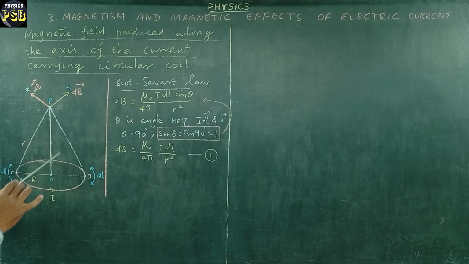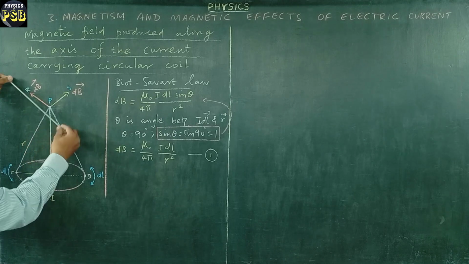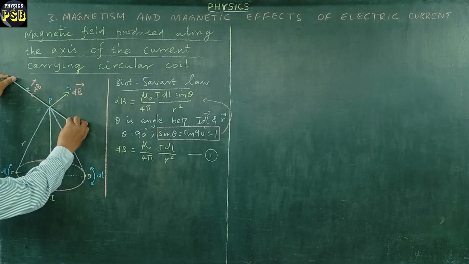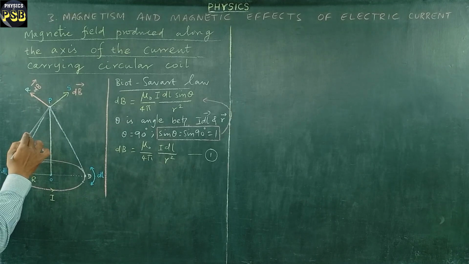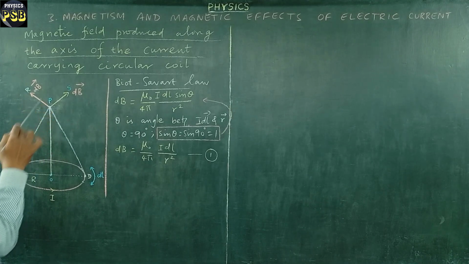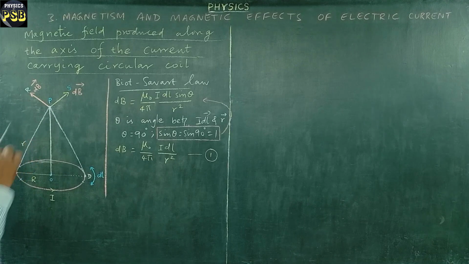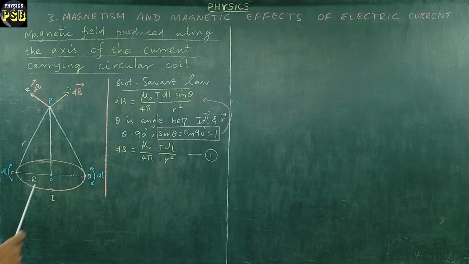Or in simple words, when a vector is inclined by some angle, it means it shows variation along the vertical and as well as horizontal. In both directions it shows variation. Okay, this is what it means.